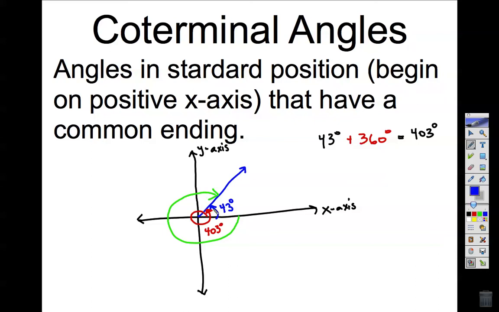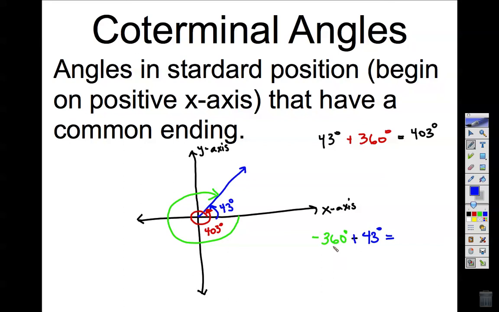For the other coterminal angle, it begins here at the x-axis, and it ends here at the blue. It's not a full 360 turn. We have a negative 360 angle if it were to be a complete turn, but it's missing 43 degrees, which is this positive 43.